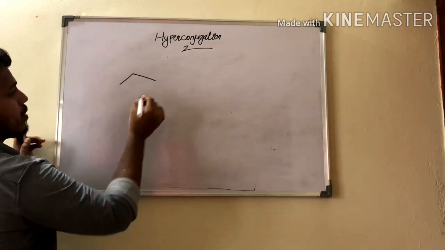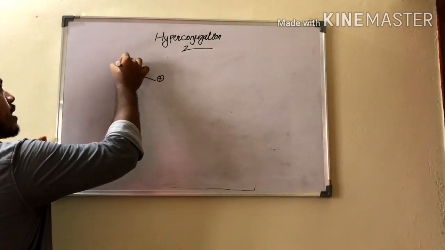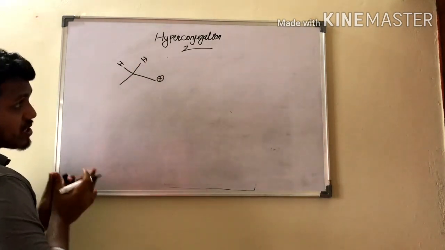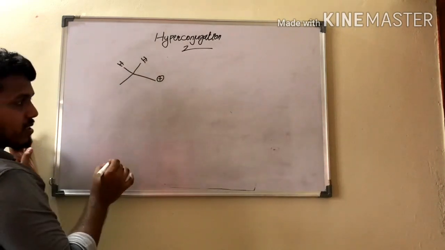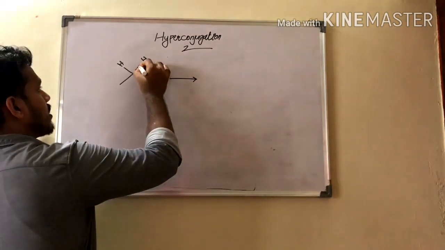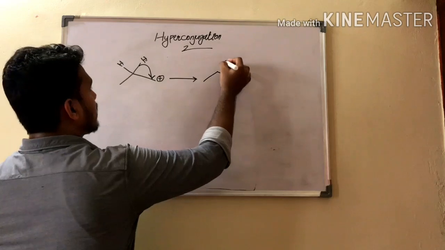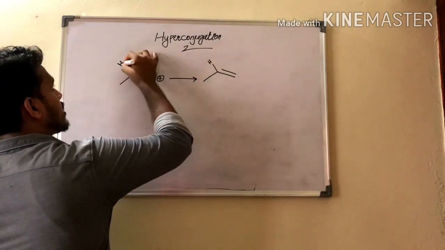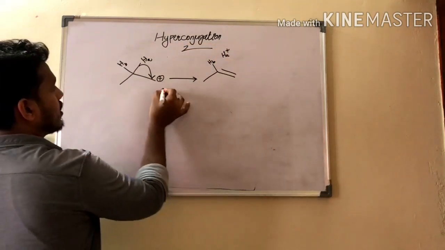So this is our primary carbocation, right? Here you can have two alpha hydrogens. How many hyperconjugations are present here? One with this hydrogen, another with this hydrogen. Suppose this hydrogen HB moves, you will get an alkene, HB here, HA plus here.